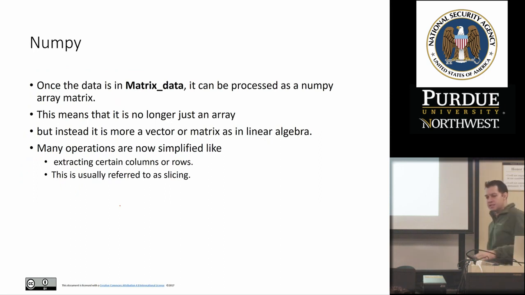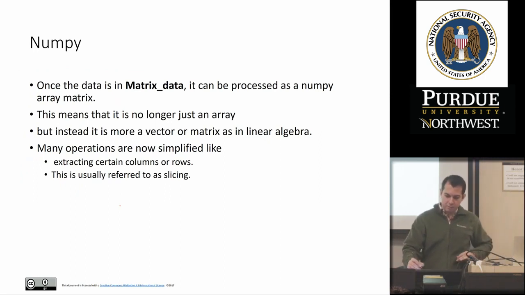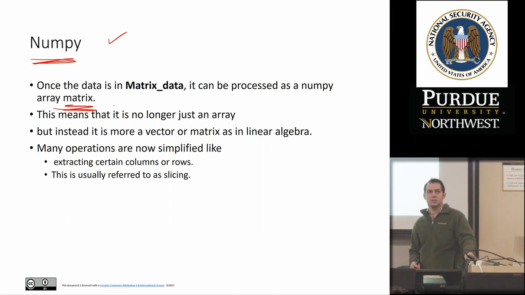To process data, one important library in Python is something called NumPy. Once the data is in matrix data, which is a variable, it can be processed as a NumPy array matrix. What does that mean? If you've used Python before, you're familiar with using lists.